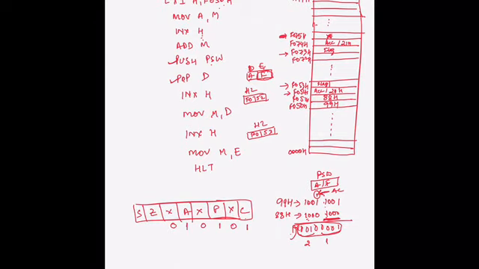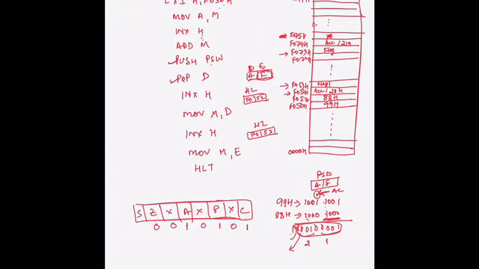Is your answer 0? It's not 0, so the zero flag has to be 0. If your answer is 0, the condition is true, so it is 1. And the sign bit: if it is 0, it is positive; if it is 1, it is negative. Here 0 means it's a positive number, so you put 0.